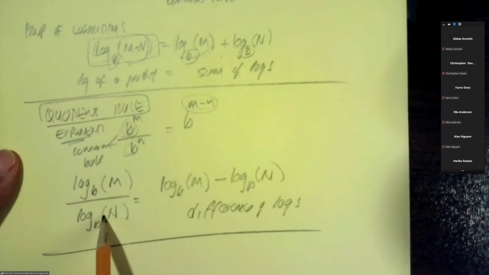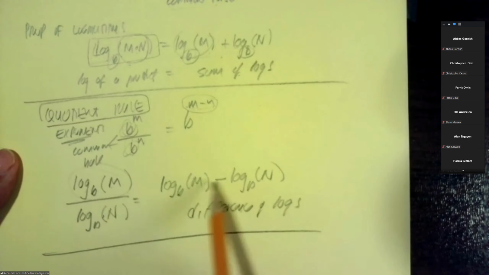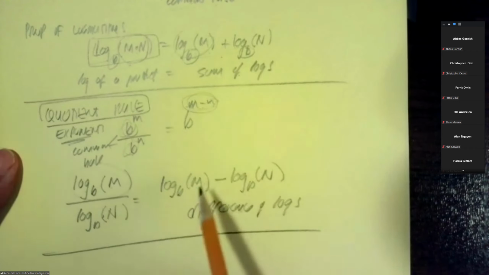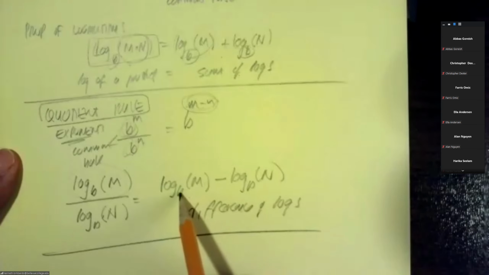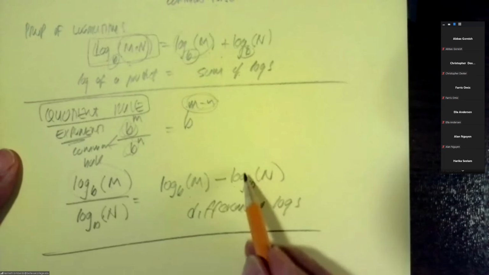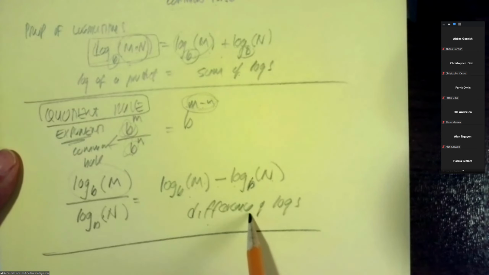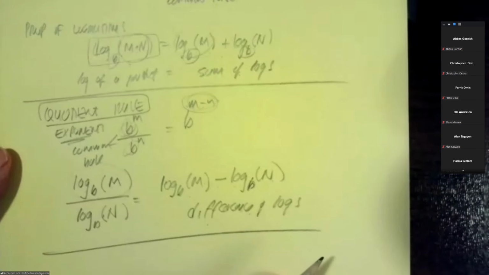For logarithms, keeping in mind that a log is an exponent, then we can kind of see logically how that follows. If we have a quotient log base b of m, we're going to subtract, just like we did here. We have an exponent m minus n. Here we have the log base b of m minus the log base b of n. So it's a difference of logs. Okay.